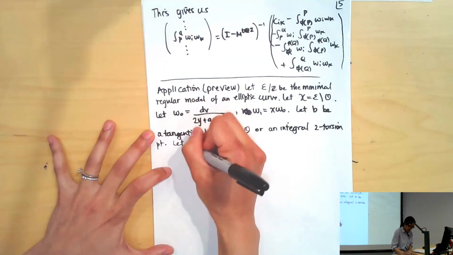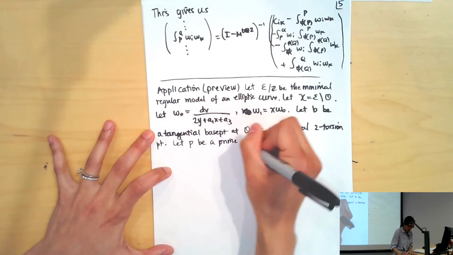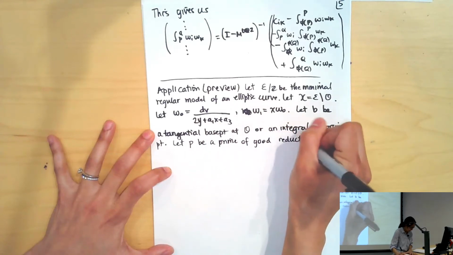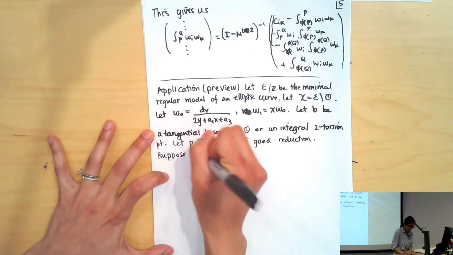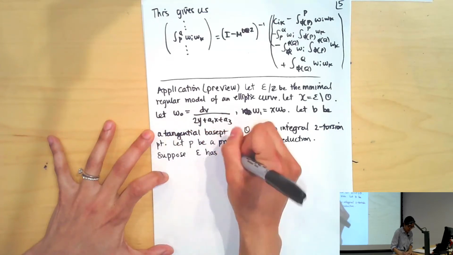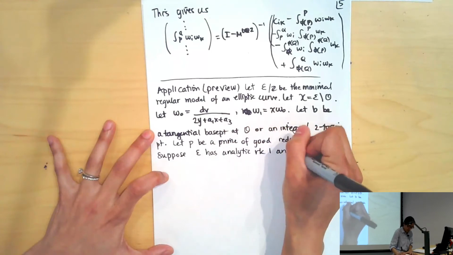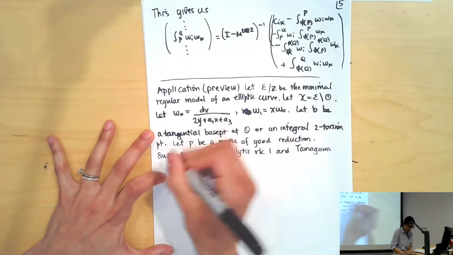And we'll let p be a prime of good reduction. And we'll suppose that E has analytic rank 1, and to simplify things, Tamagawa product 1.